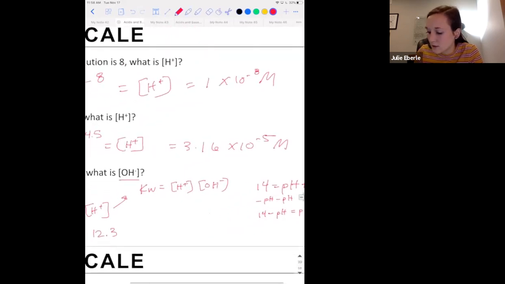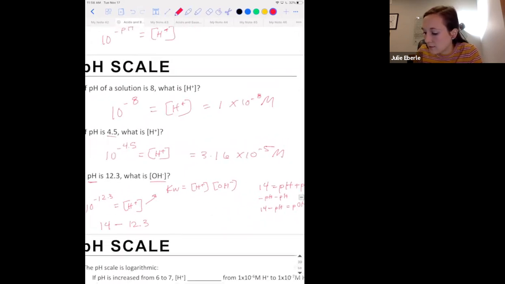We'll make this easier. So if we do that, what do we get? You should get 1.7. And that is pOH. So now if we just do 10 to the negative 1.7, we'll get the concentration of OH minus.